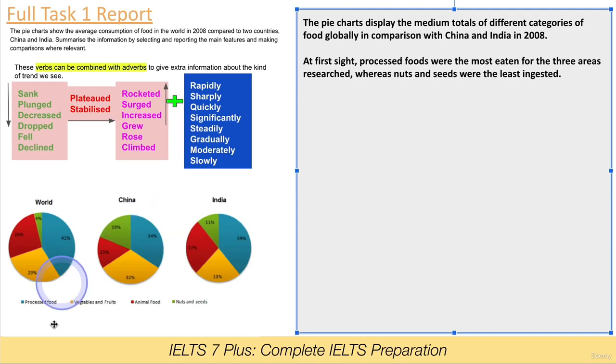Now we can go into our groupings and we can pull the data. This is when we can use all the information. So our first grouping was processed foods and vegetables and fruit as well. Okay, so maybe we could start off with processed foods.